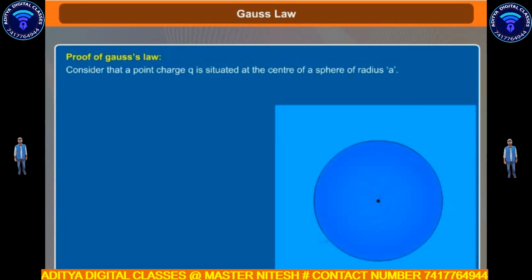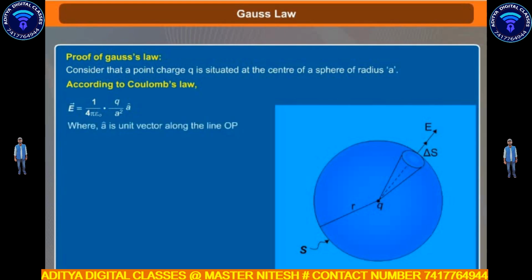Proof of Gauss' law. Consider that a point charge Q is situated at the center of a sphere of radius a. According to Coulomb's law, E is equal to 1 by 4 pi epsilon naught Q by a square a cap, where a cap is the unit vector along the line OP.